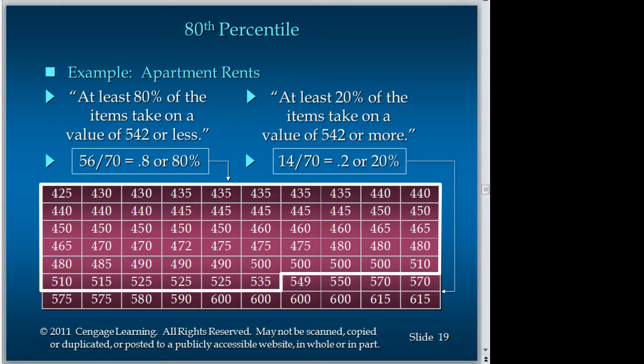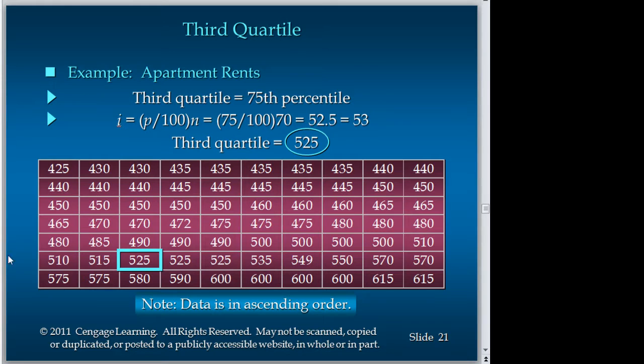That's what we did. So in the apartment rent example, for the 75th percentile, the result is not an integer, 52.5. So you round up to 53, and that's going to be the third quartile, right? Why is it the third quartile? Because third quartile is what? 75%, right?